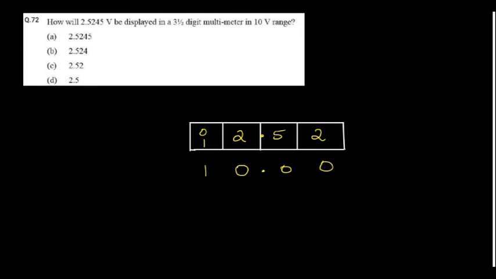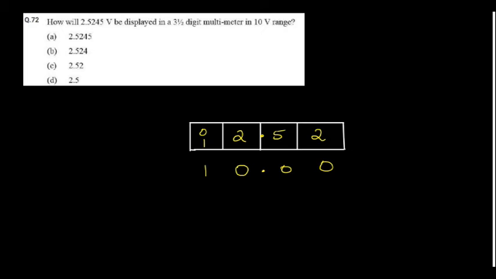How will 2.5245 volt be displayed in a 3.5 digit multimeter in 10 volt range? The range is 10 volt, 3.5 digit. 3.5 digit means a total of 4 seven-segment displays will be there. The MSB digit will be changing only from 0 to 1. The other 3 digits can change from 0 to 9.